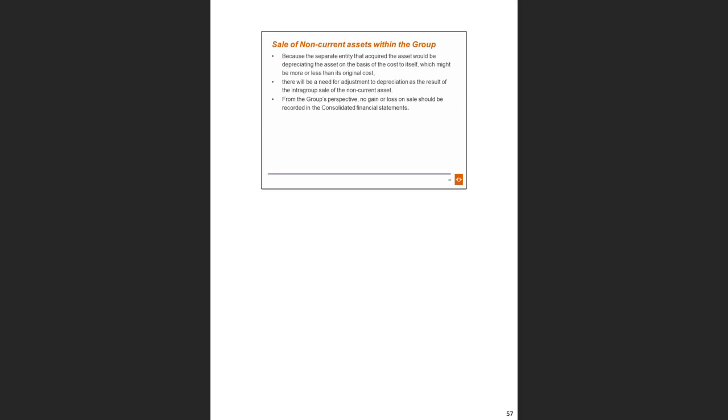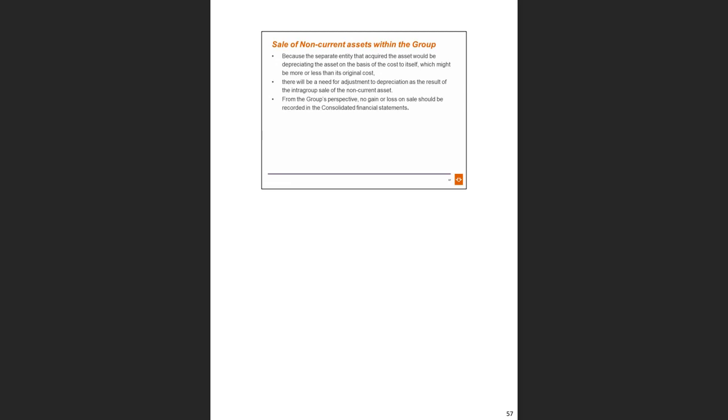Okay, so in the separate financial statements, if S sells a vehicle to P, obviously S is going to account for the sale, and P will acquire that asset at a cost to itself. And this will be more or less than the original cost. So there's usually a need to adjust the depreciation as a result of the intergroup sale of the non-current asset.